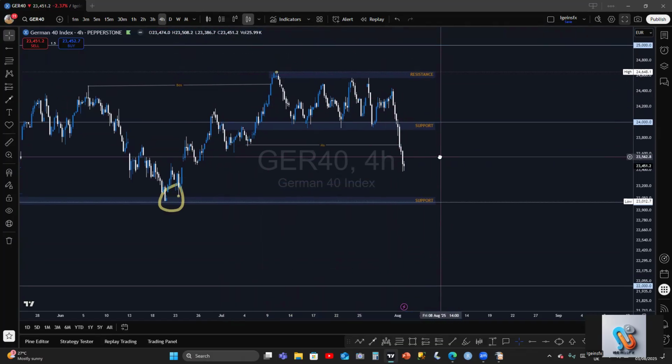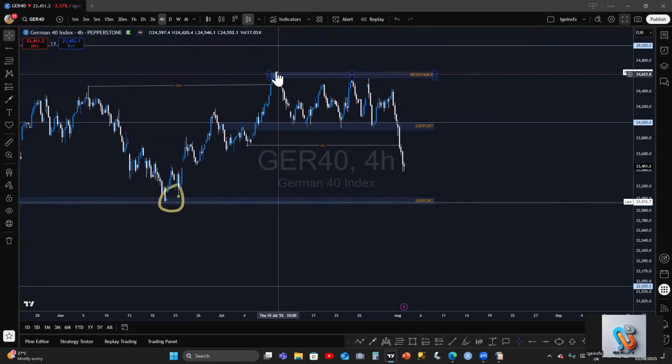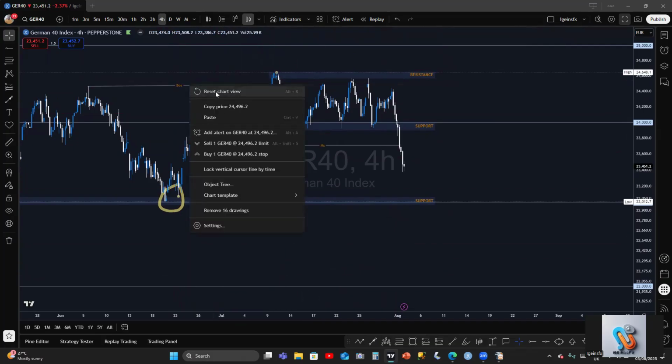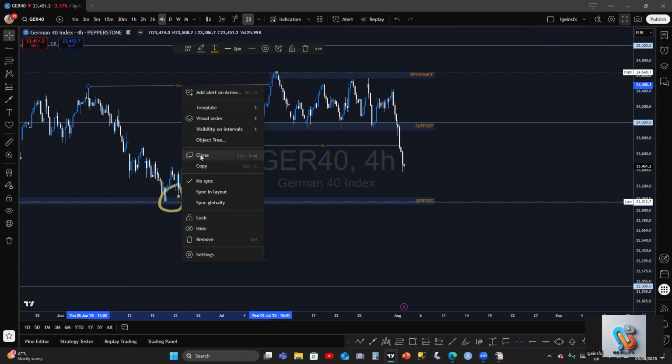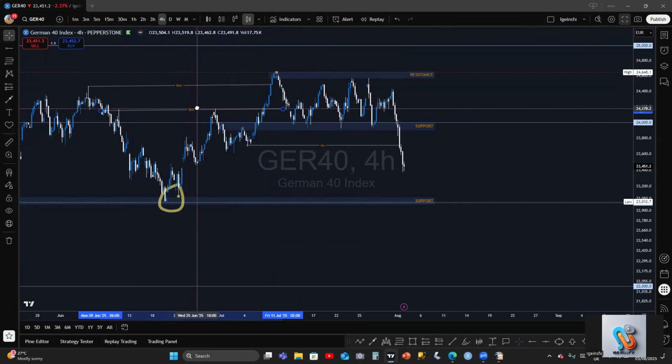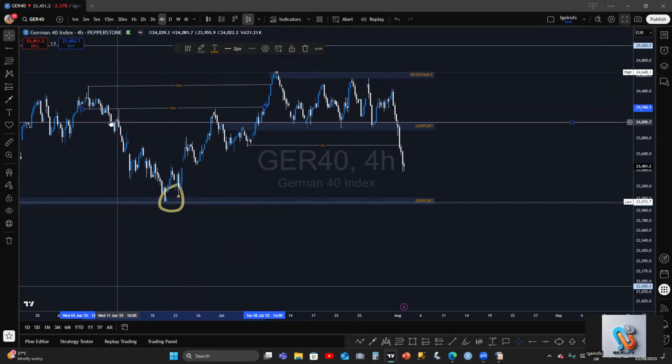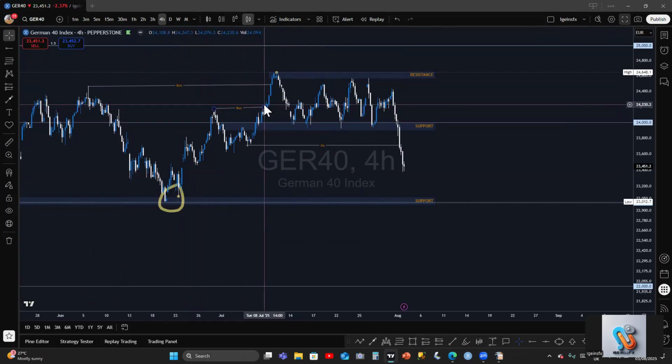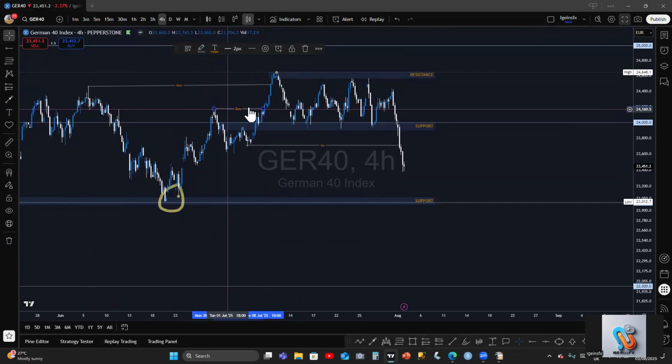All right, so you can see it created a high. Since it created this high from this move, after this break of structure here, price created a high.